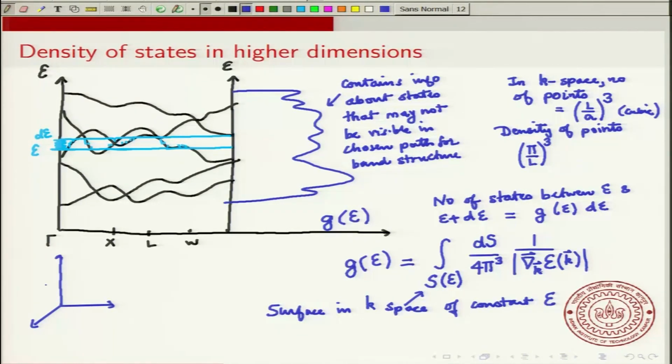And now if you ask what is the surface of constant energy E, if you say that energy should be equal to E and you look at that region, you will get some surface. And if you ask what is the surface where the energy is E plus dE, that will be another surface.